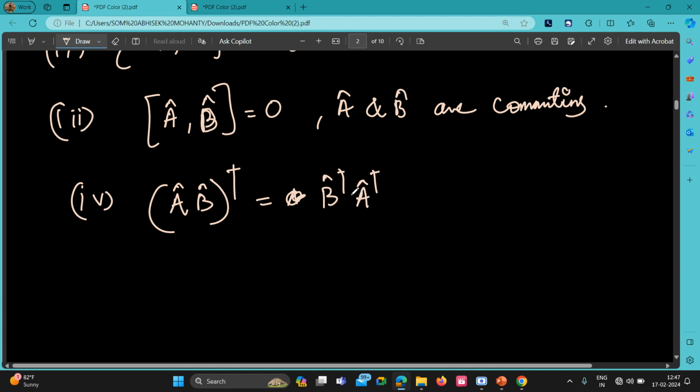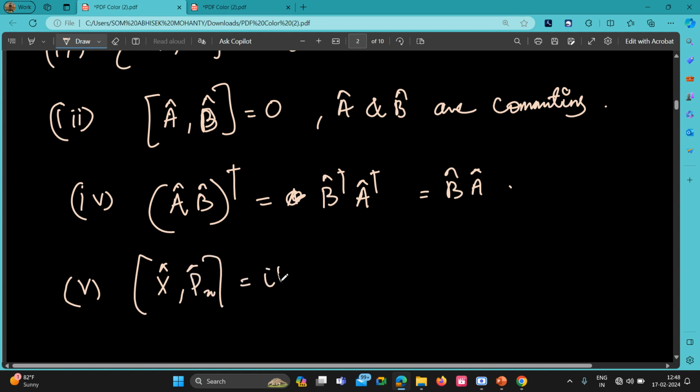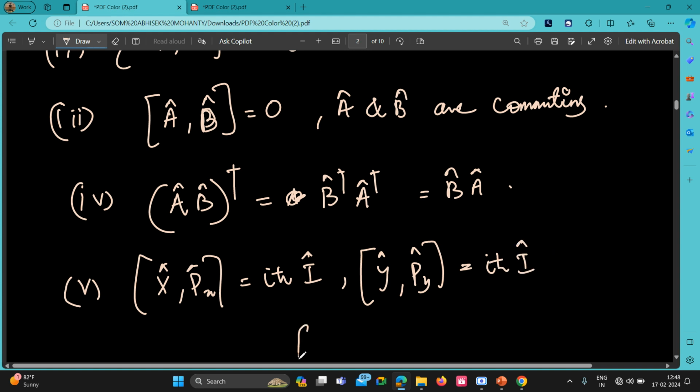And if A and B are Hermitian, then B dagger is equal to B and A dagger is equal to A. Next is the commutator of x cap, px cap is equal to i h-cut I cap, where I cap is a unit operator. y cap, py cap is equal to i h-cut I cap. z cap, pz cap is equal to i h-cut I cap.